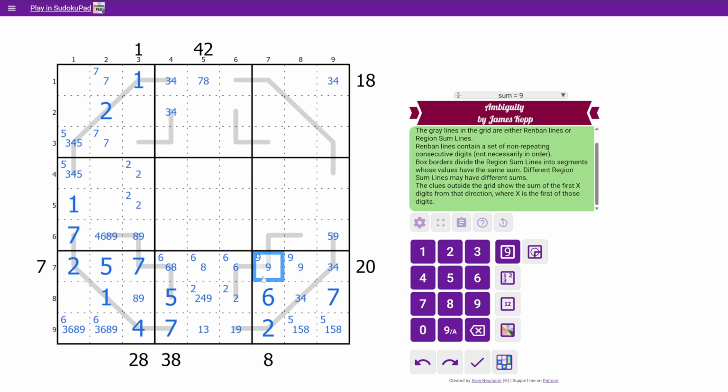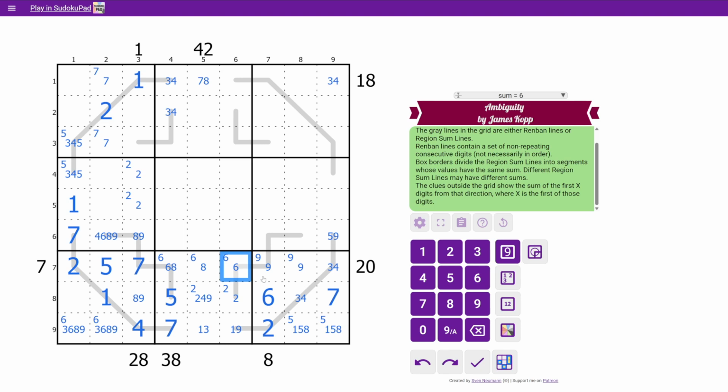If this is an 8-9, it cannot be a 6, because the 6 would go here. But if it's a 1-9, it is the 6. So if this is a 1-9, well, wait, if this is an 8-9, then the 9 has to go here.